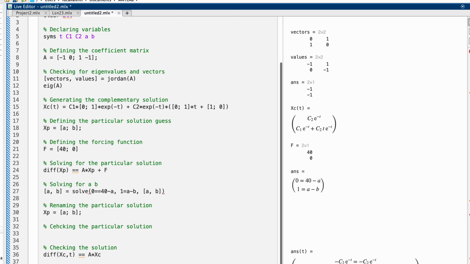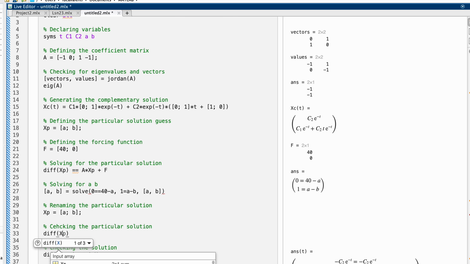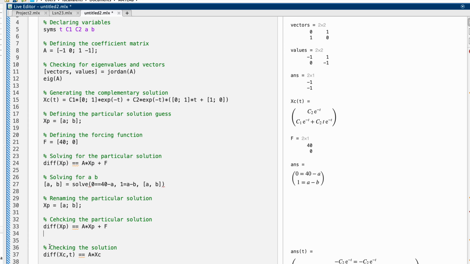So that's going to be the derivative of xp should be equal to, and equality is given by two equal signs, xp plus f. Don't forget that f. We want that to output because we want to check it.